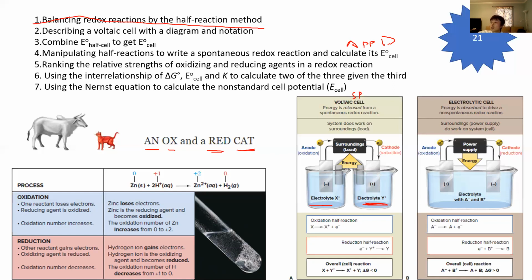Based on that, we can compare the reactivity or strength of the metals, based on their relative position in the table, which is ordered by redox potential. At the end, we correlated delta G, E cell, and the equilibrium constants, and also found the E cell at non-standard state using the Nernst equation.